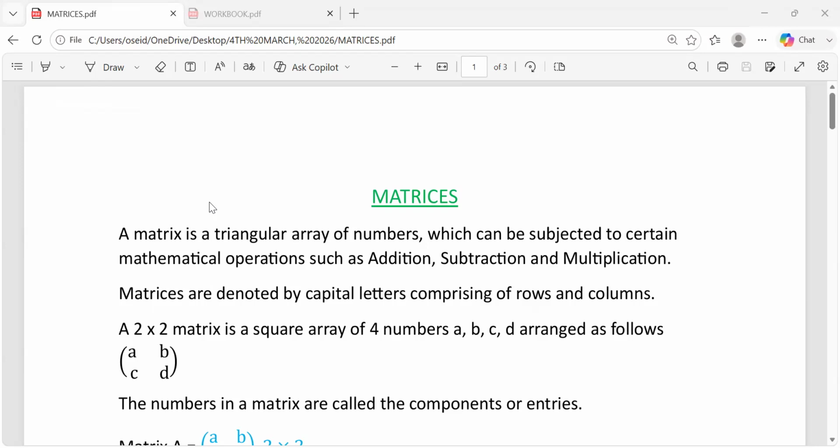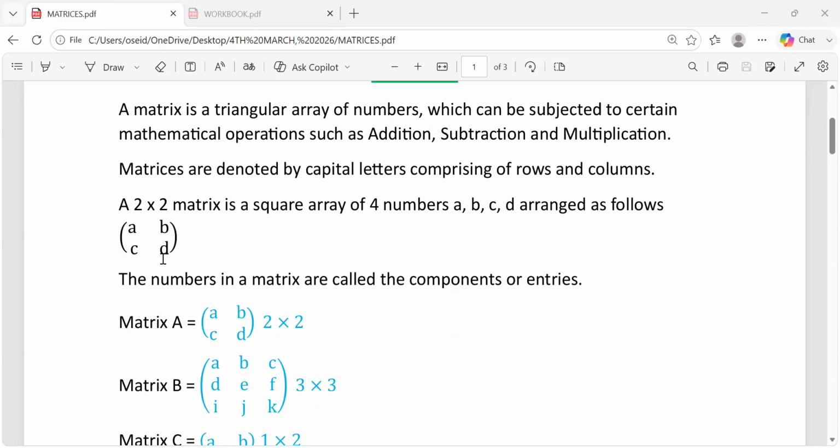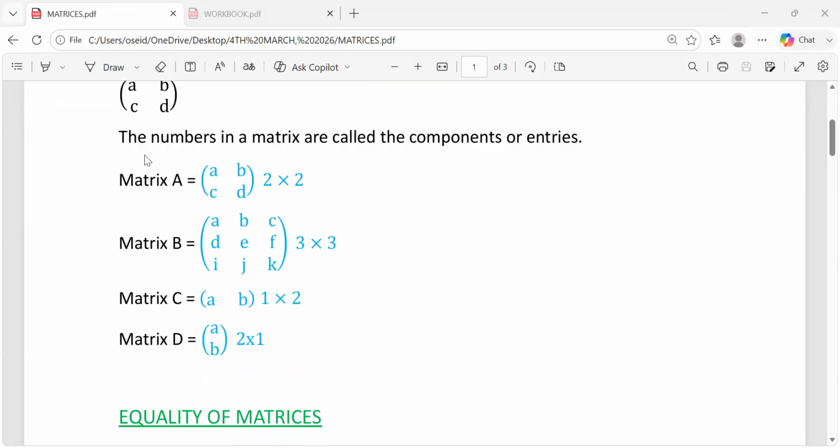A 2 by 2 matrix is a square array of four numbers A, B, C, D arranged as follows. That's row 1, we have A, B. Then row 2, we have C, D. The numbers in the matrix are called the components or entries.